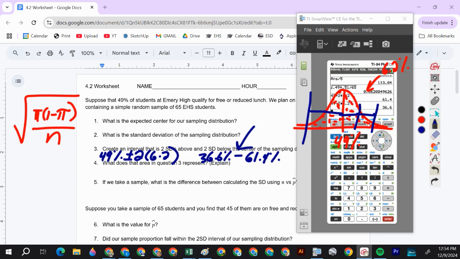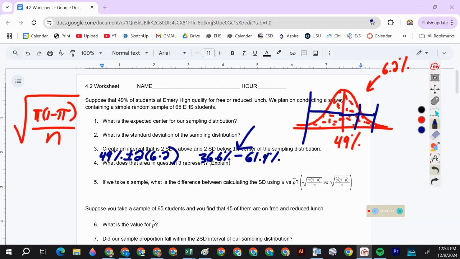So, here is the question. We used this formula. That formula is using the population parameter pi, the true value. Where did this come from?